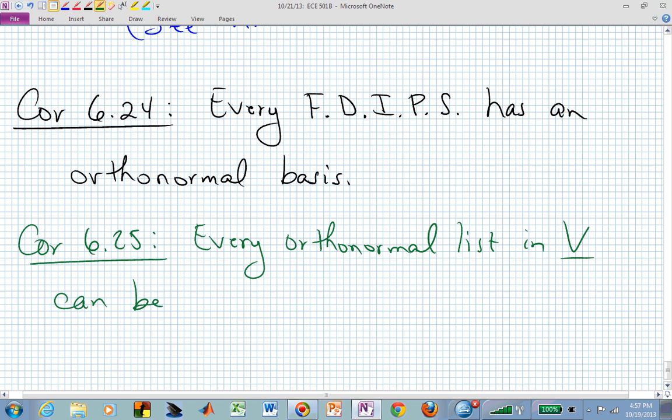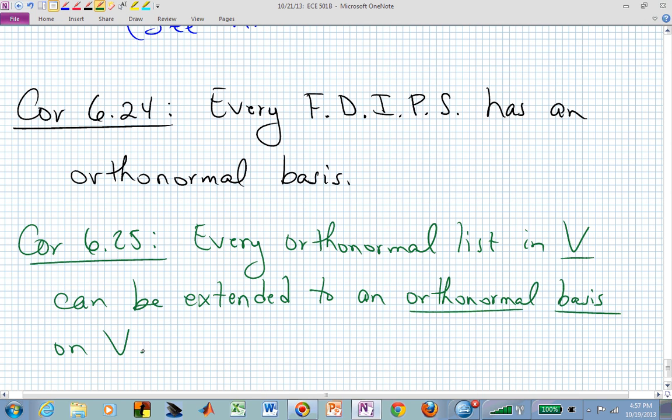That's corollary 625. Every orthonormal list in V can be extended to an orthonormal basis on our vector space V.